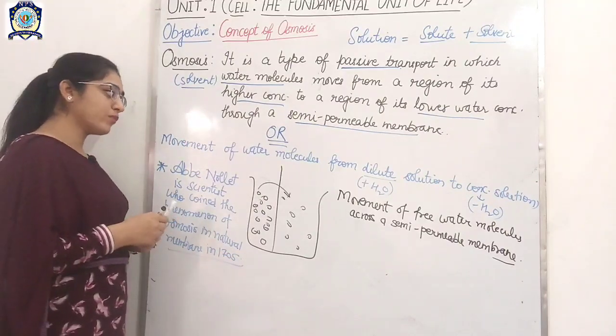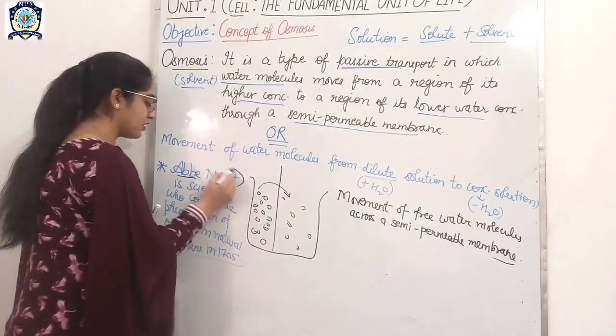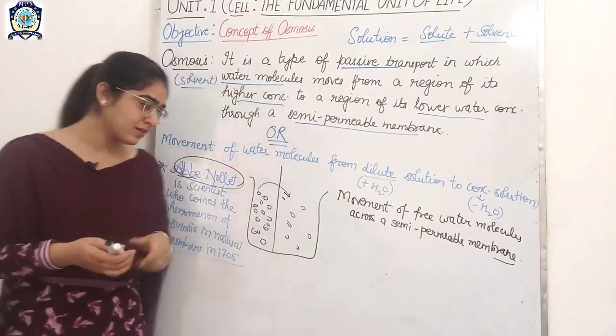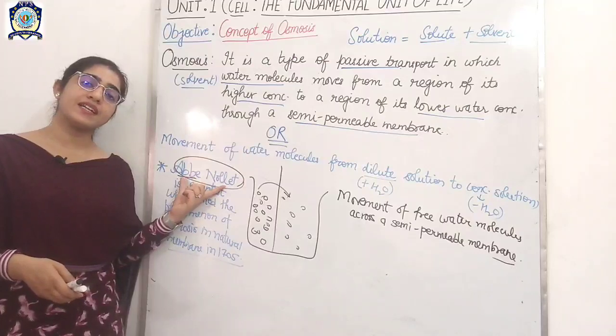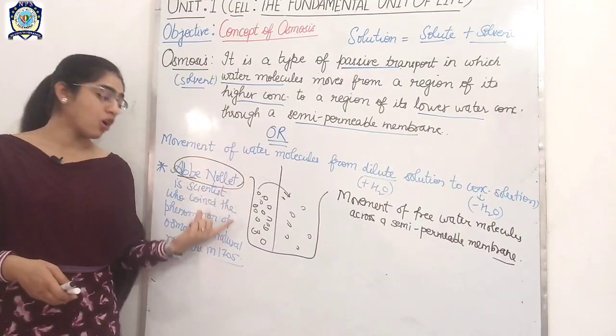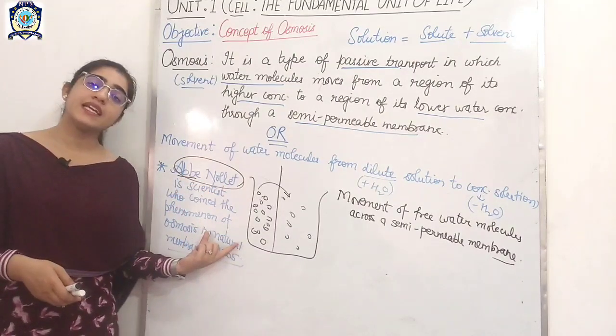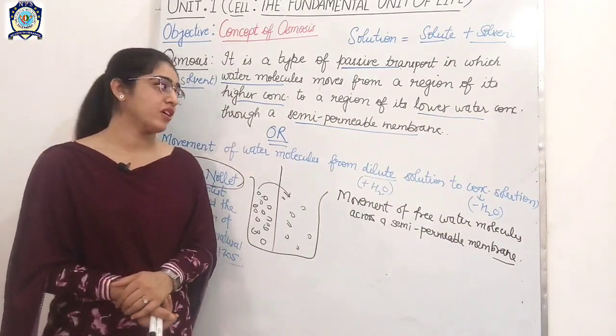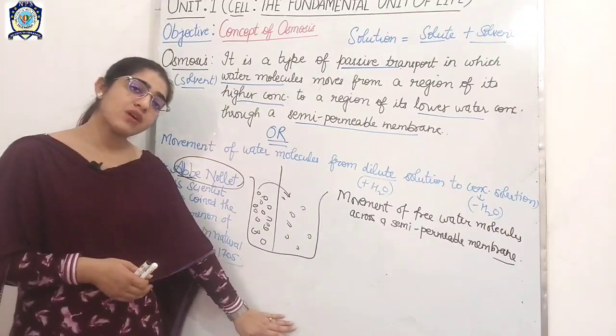This is again a most important question from the competitive point of view, so I think you should learn that Abbé Nollet is the scientist who for the first time observed osmosis in a natural membrane in 1705. Now we have discussed the definition.